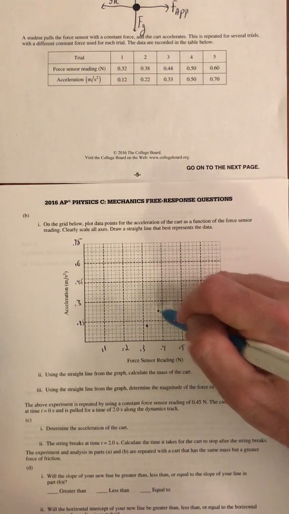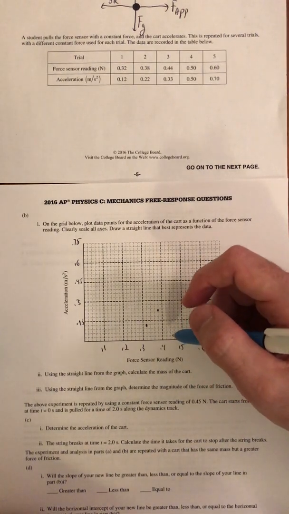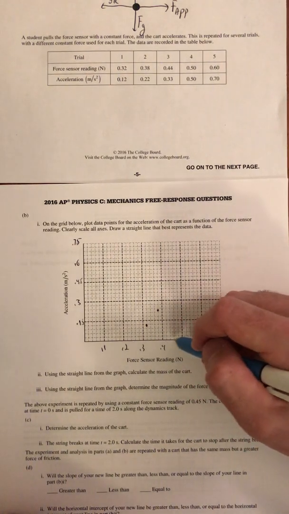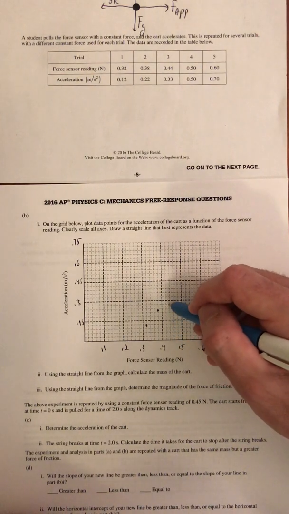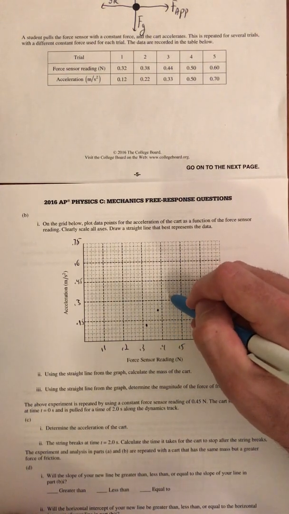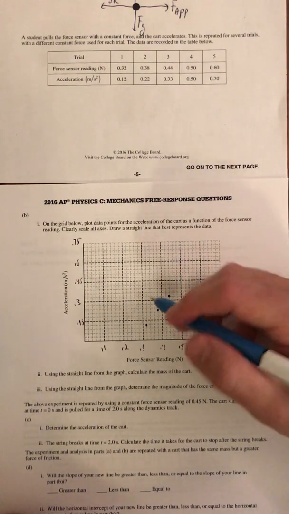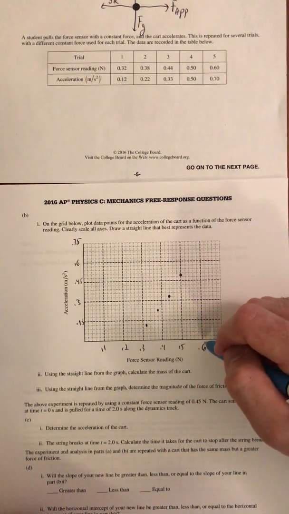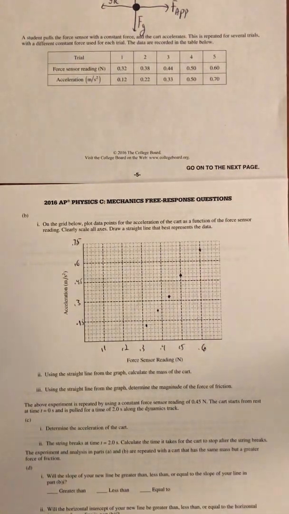When it is 0.44, okay, I've got 0.33. Yep, okay. 0.5, okay, 0.6 is the force sensor reading, 0.70, boom, okay, there we go.